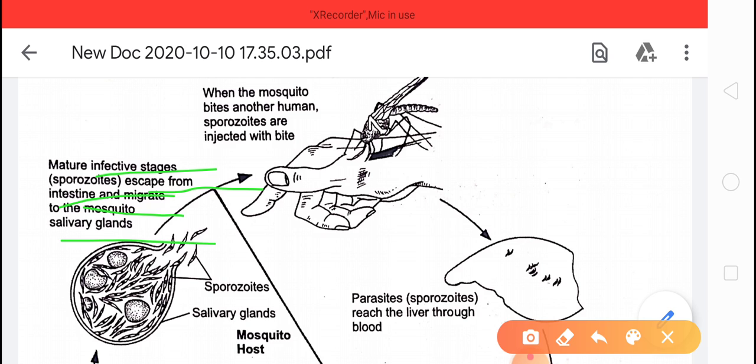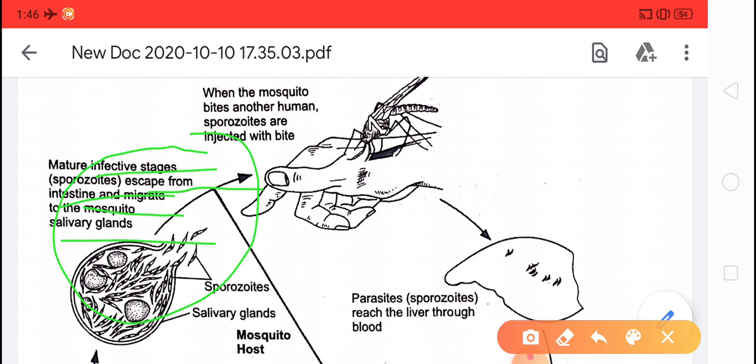After that, the cycle repeats once again. Then this female Anopheles has the sporozoites, and these sporozoites enter when the mosquito bites any healthy person. So the cycle will repeat.